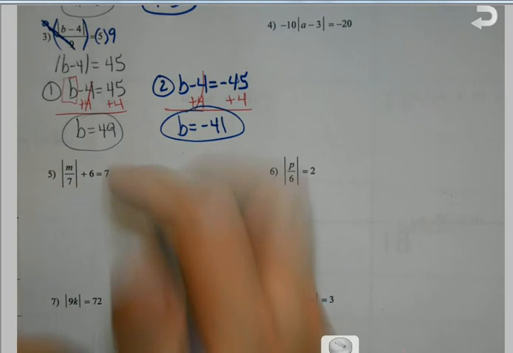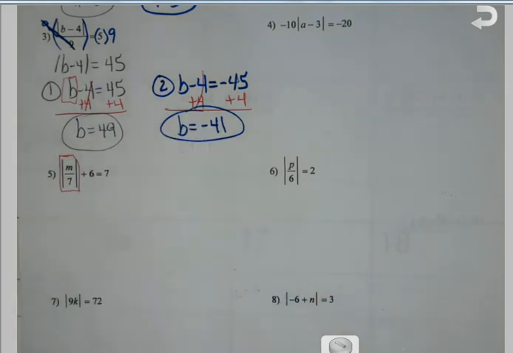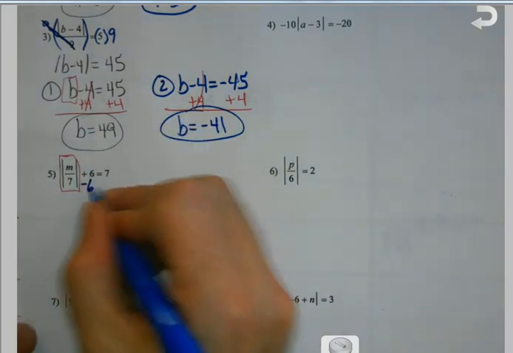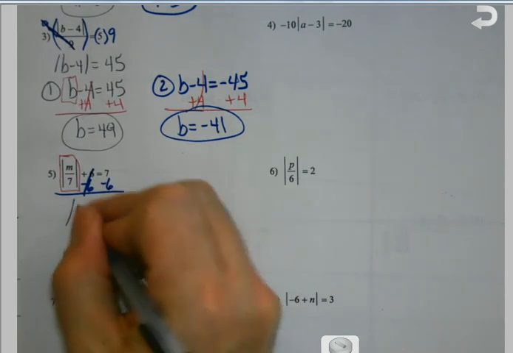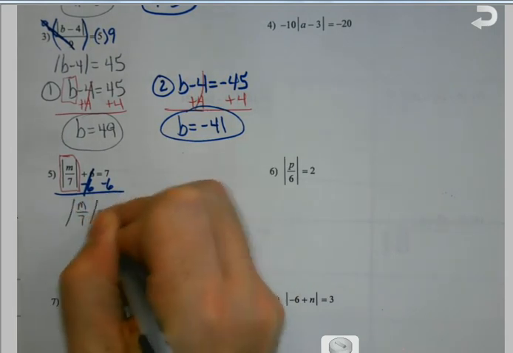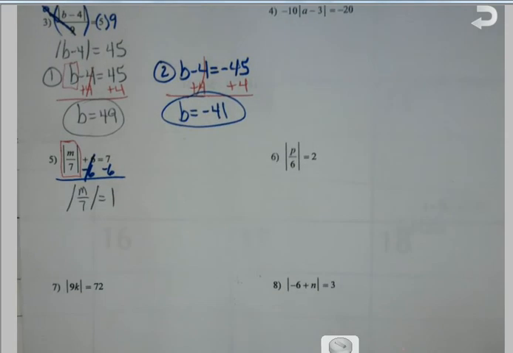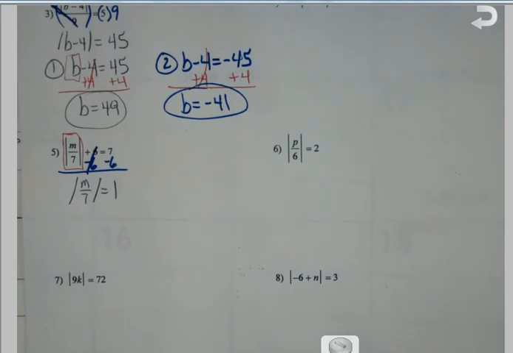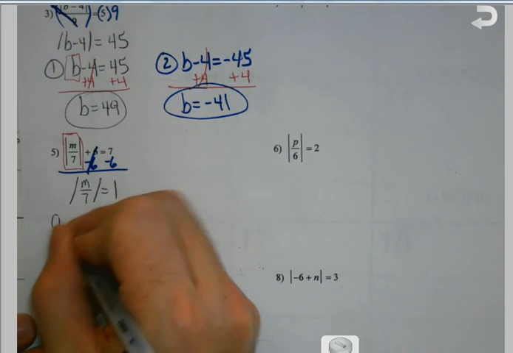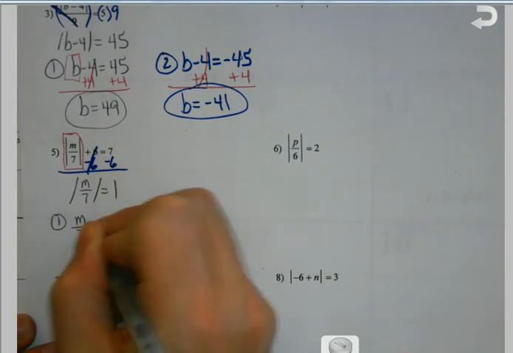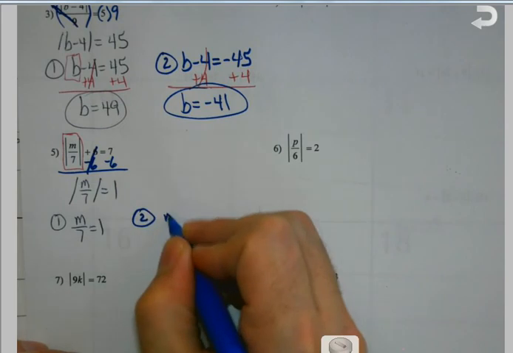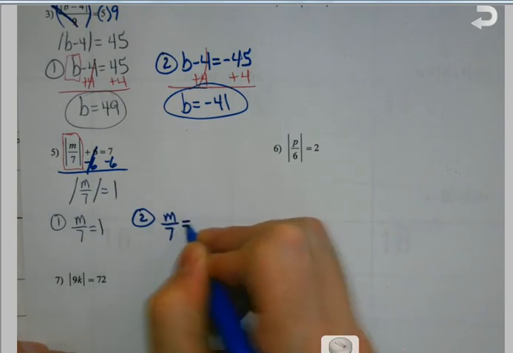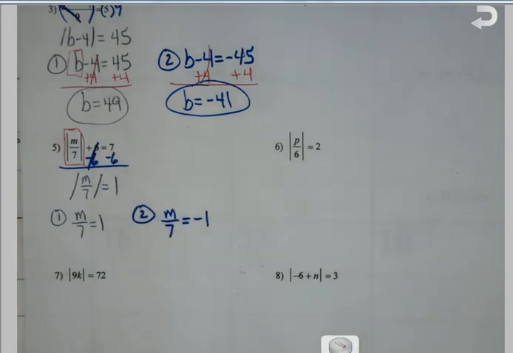Again, whole key, bars alone. Once it's alone, again, split them into 2. Change my answer to negative in the second one.